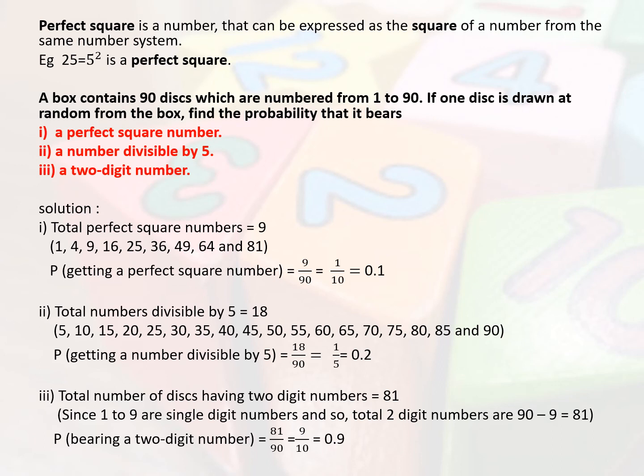The total number of discs having 2-digit numbers is 81. Why? Because up to 9 we are not taking, because these are 1-digit numbers. We have to start from 10 and move up to 90. So we have to remove the first 9 numbers from the list. So 90 minus 9 will be equal to 81, and the probability for bearing a 2-digit number will be equal to 81 upon 90, and it will give you 0.9.